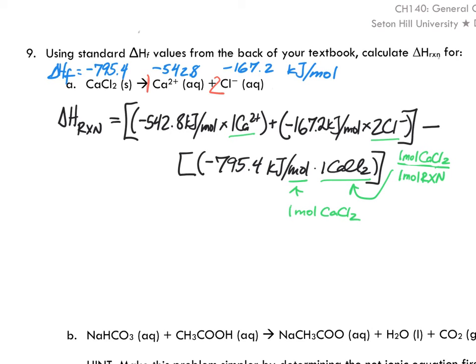So what happens to our units here is the 1 mole of calcium chloride cancels out, and our units are now in kilojoules per mole of reaction. So we're switching from kilojoules per mole of the substance to kilojoules per mole of reaction. And so that's happening for each of these, and our unit works out to be kilojoules per mole of reaction for everything in this equation then.